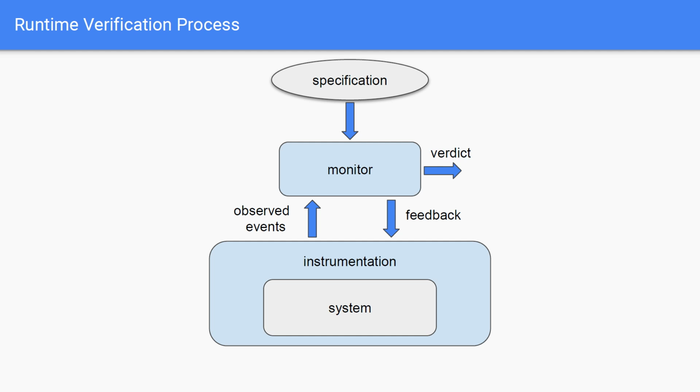But sometimes the monitor works offline. What we usually do is run the system, collect in a log file, for instance, all relevant events, and then afterwards, after the execution has terminated, the monitor checks the trace.